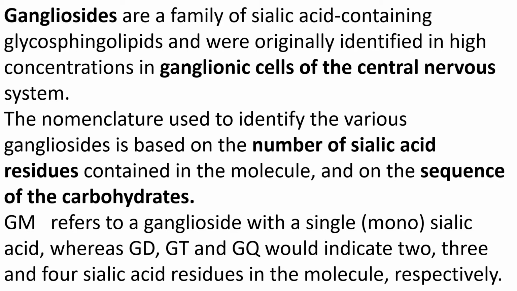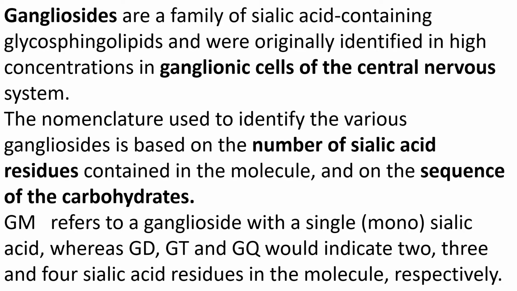This oligosaccharide chain may contain sialic acid residues in its structure. Sialic acid, or N-acetyl-neuraminic acid, is a monosaccharide derivative. They are called gangliosides because they were first identified in the ganglion cells of the central nervous system.